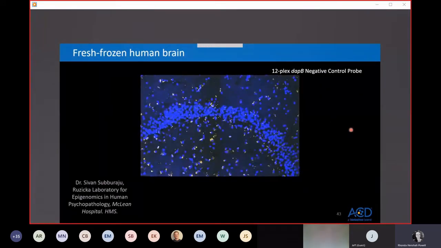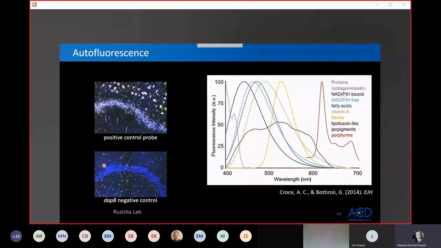This is the negative control probe on a different tissue slide from this same sample. And what you can appreciate here is it looks like there is RNAscope signal, but we know that this is not real RNAscope signal because it's the negative control probe. This signal that we're seeing here is intrinsic to the tissue itself, and it's coming from an autofluorescent molecule called lipofuscin.